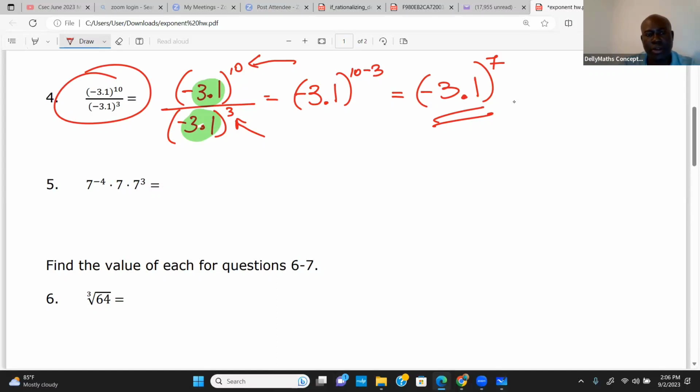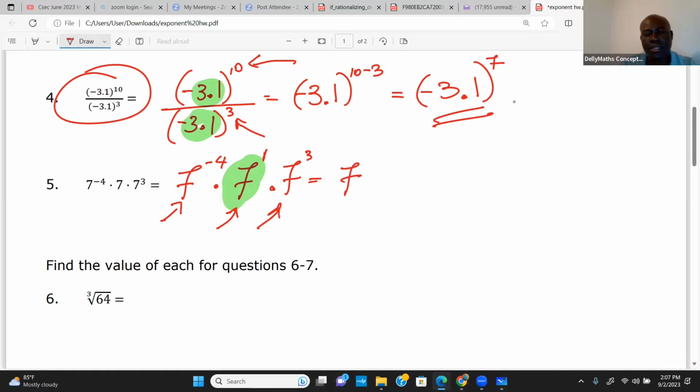For number 5, we're looking at 7 raised to the -4 times 7 times 7 raised to the 3rd. Be advised that whenever we do not see a power, like in this case, the default power is to the 1, which means that we are actually multiplying the same base.